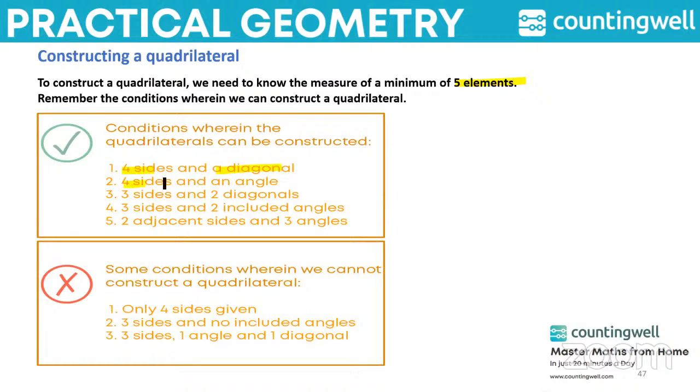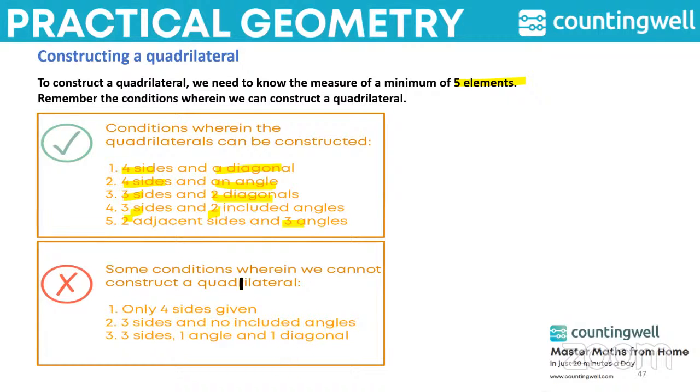Also, in the second case, we have 4 sides and 1 angle, again 5 elements. 3 sides and 2 diagonals, again 5 elements. 3 sides and 2 included angles, so we have 5 elements here. 2 adjacent sides and 3 angles, we have 5 elements.